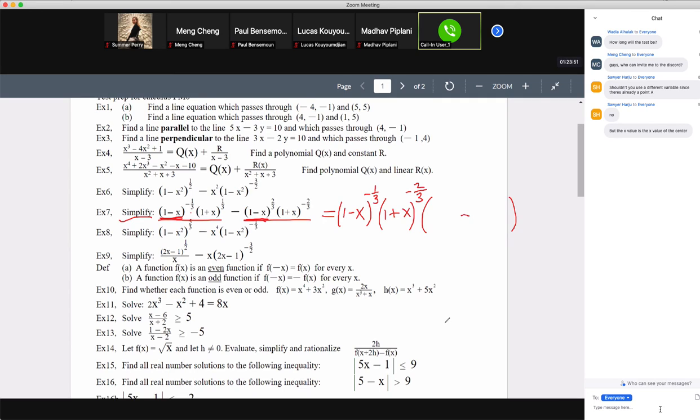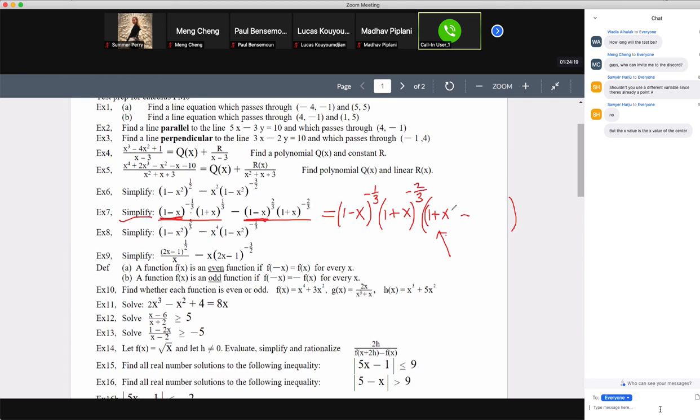Okay, let's see what we have. So now the first factor, we want to figure out what goes in here. So that will be, let's see, 1 minus x to negative 1/3. Well, we already have 1 minus x to negative 1/3 here, so we don't need 1 minus x here. So now the next one is 1 plus x. We have 1 plus x to negative 2/3, so we do need 1 plus x. 1 plus x to the what power do we need?